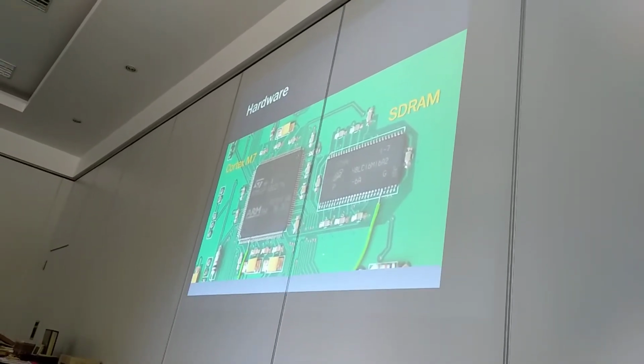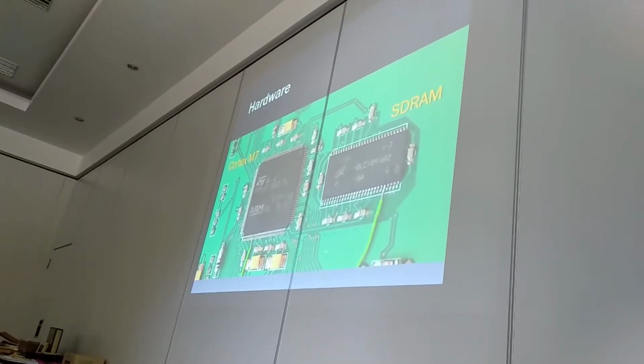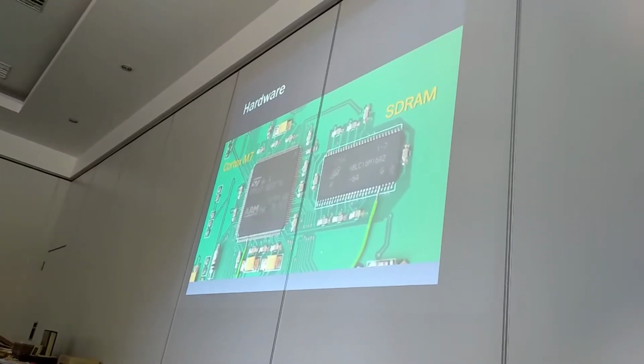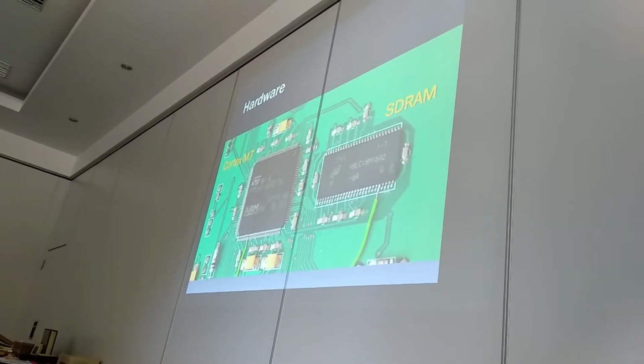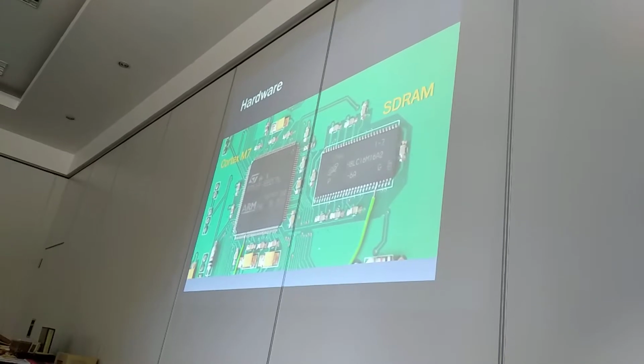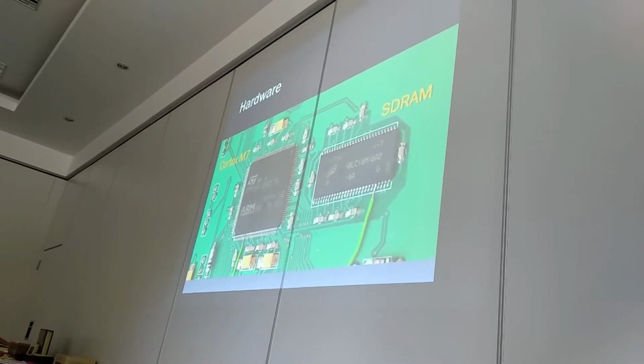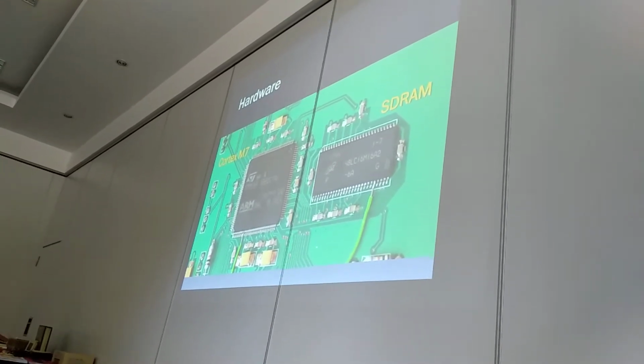Now we have DDR RAM, like double data rate RAM, 1, 2, 3, 4, 5. So this is kind of obsolete already, but it perfectly fits the purpose we have here. But it also means that 64 megabytes is probably the upper bound for that, because you won't find larger capacities.